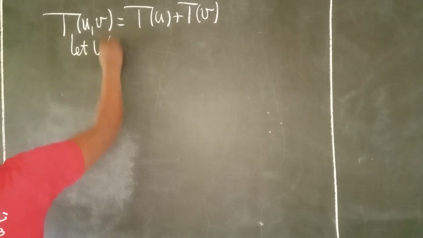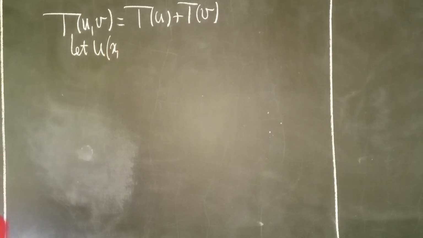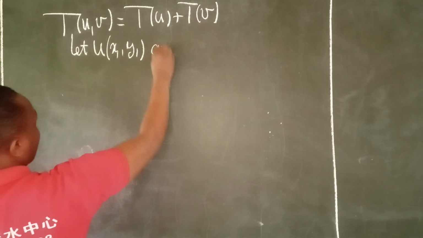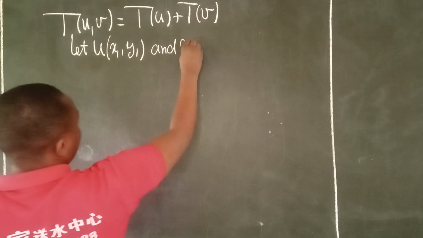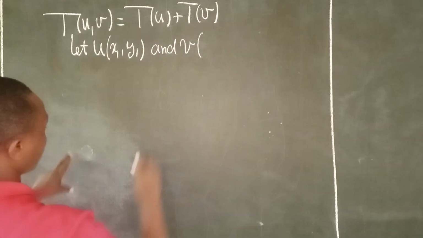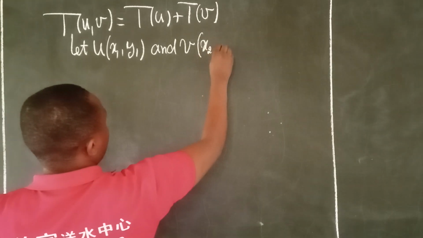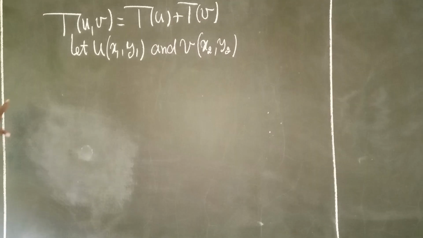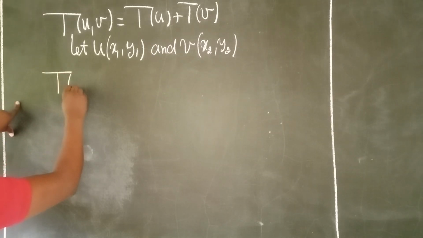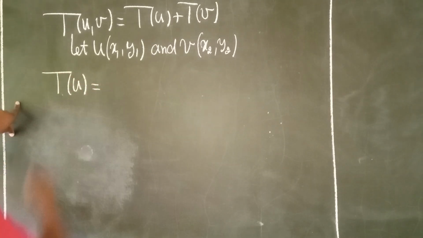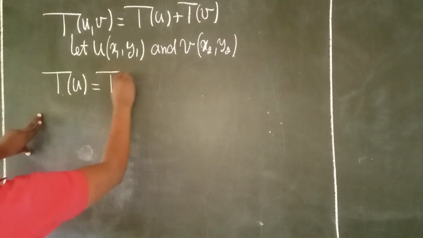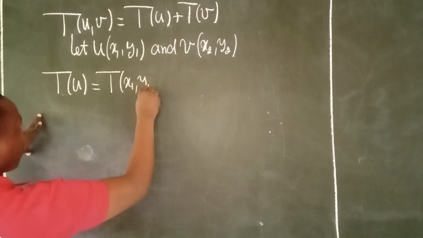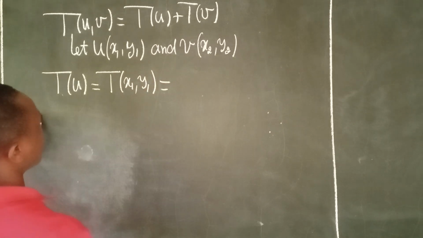Let a vector u have coordinates x1, y1, and v with coordinates x2, y2. Here T(u) is equal to T(x1, y1).